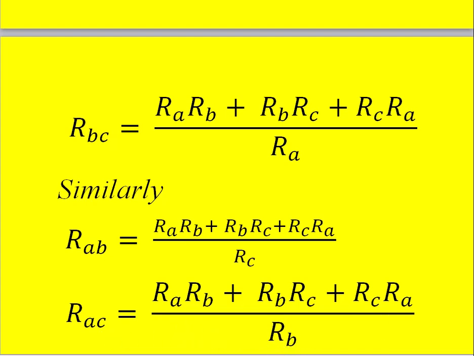Then in the numerator whatever is written earlier, like RA RB plus RB RC plus RC RA. So this way we can remember the equivalent delta in terms of the known star values, and also we have seen how to remember or calculate star values in terms of the known delta values.